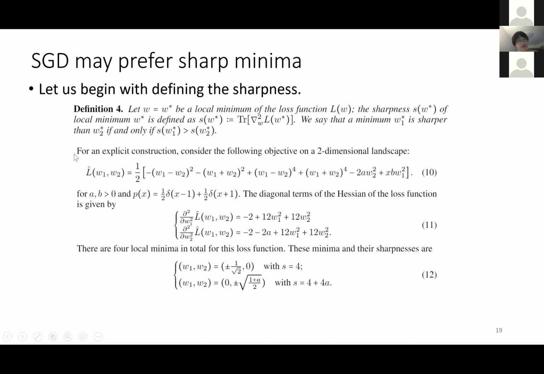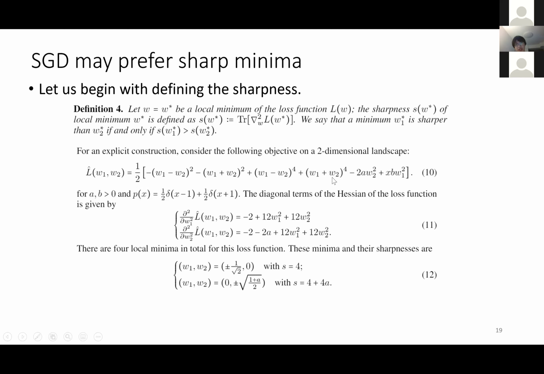And for an explicit construction, consider the following objective on a two-dimensional landscape. You have a fourth order term, and only this term is data dependent through X, and the distribution of X is given by this probability.